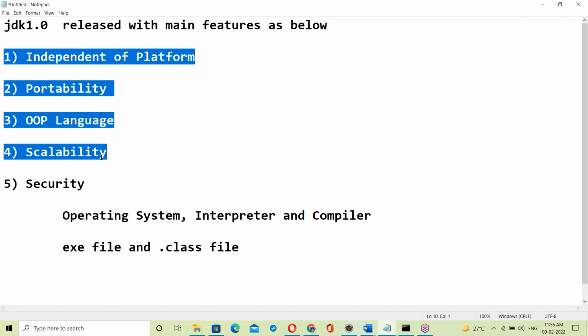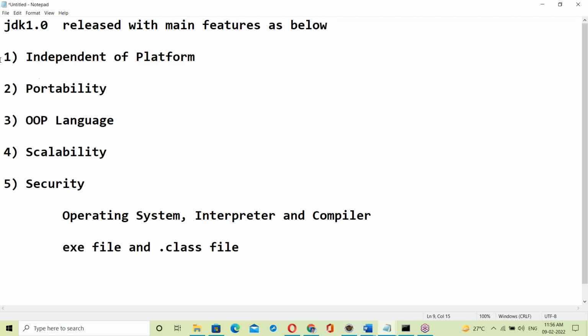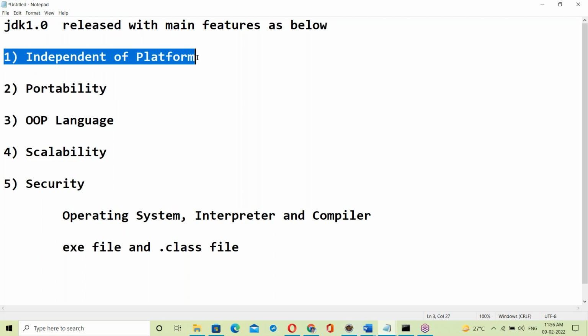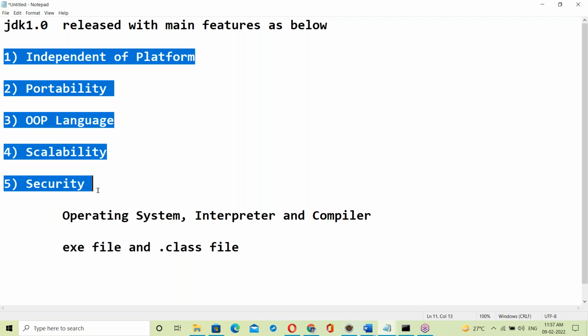But my way is not like this. I will explain clearly how Java made us independent of platform, including the OS internals. You will observe now how much depth I am explaining.